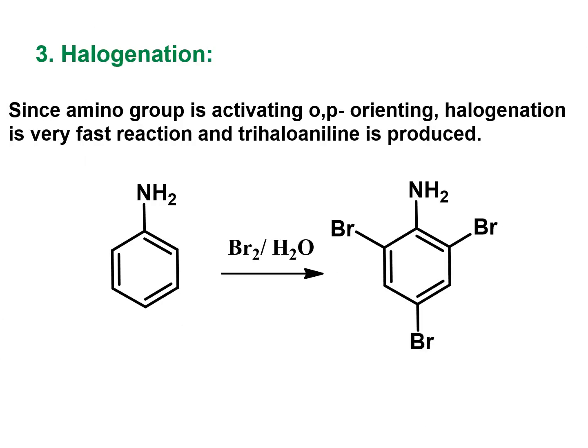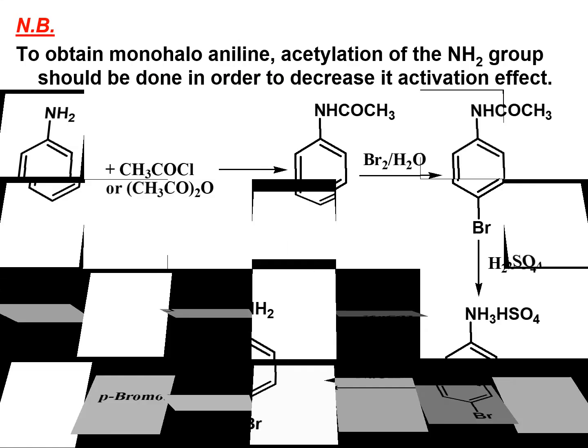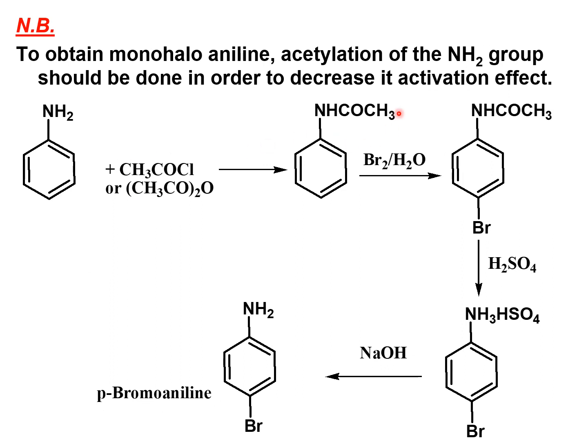And in the case of halogenation, as we have mentioned, again, if you perform direct halogenation, you will end up with the tri-substituted product. So you have to acylate first, forming the acid amide derivative, and then you halogenate to get the para-bromo product, and then you hydrolyze your compound to get the free amine once more.